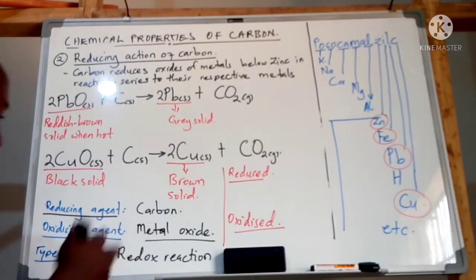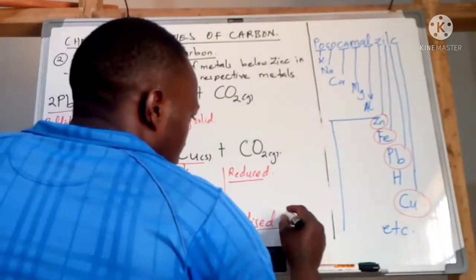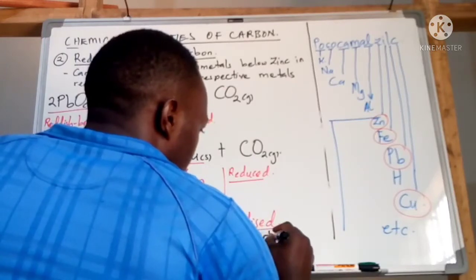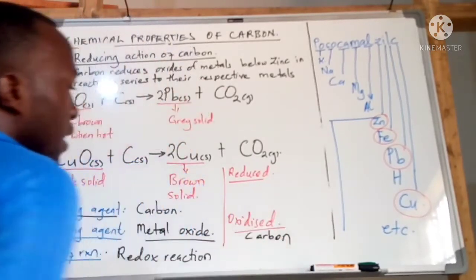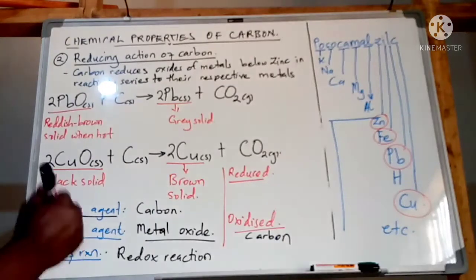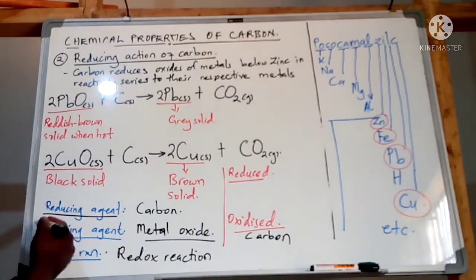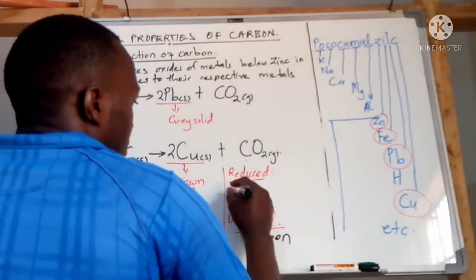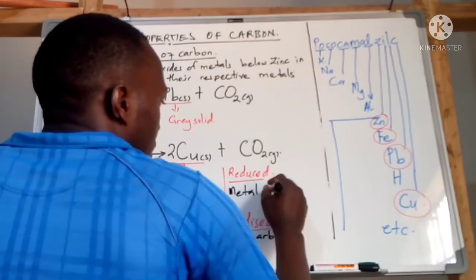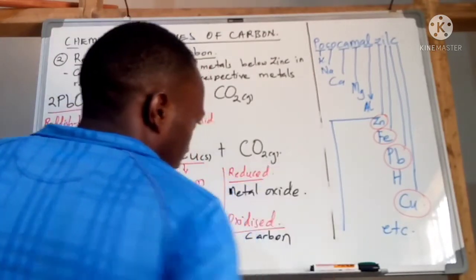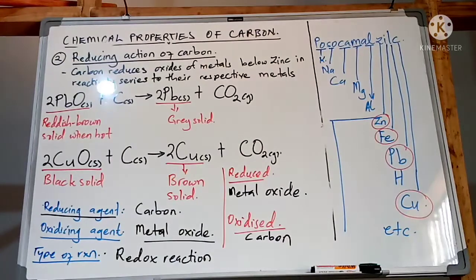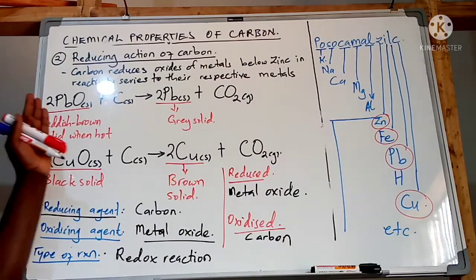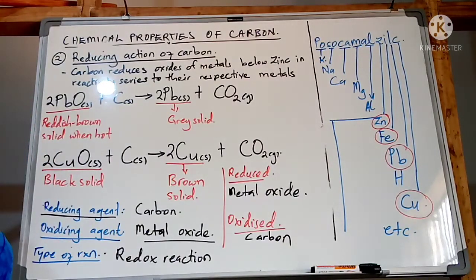So the oxidized substance is going to be carbon, which was our reducing agent. And the reduced substance is the oxidizing agent, which is going to be the metal oxide. So that is how carbon behaves as a reducing agent.